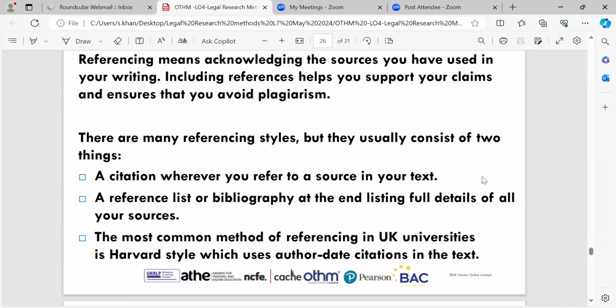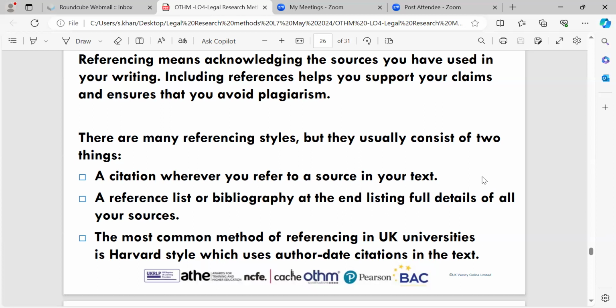There are many referencing styles, but they usually consist of two things: a citation wherever you refer to a source in your text, which is the author and the year, and that's Harvard referencing, and make sure you are doing that so it doesn't come up as being plagiarized. And a reference list or a bibliography at the end listing full details of your sources.